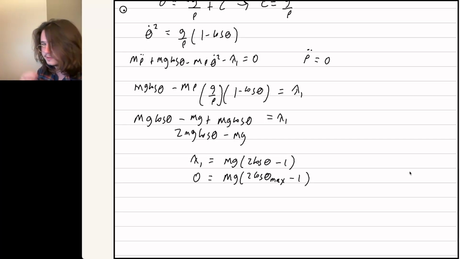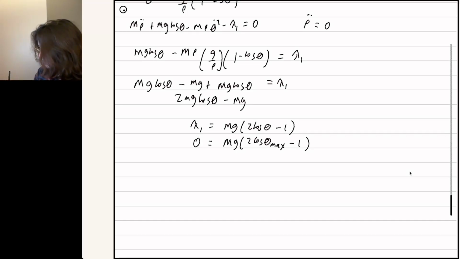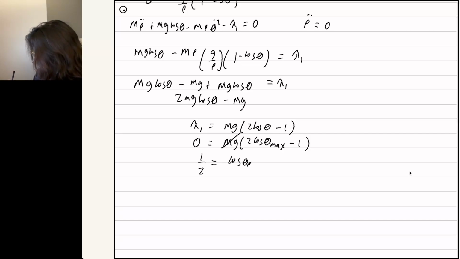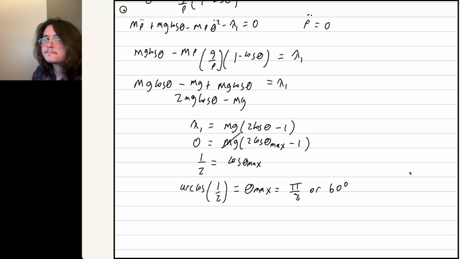So theta max is going to be the angle where it falls off. Which means we can get rid of the mg. We just have 1/2 is equal to cosine theta max. So arc cosine of 1/2 equals theta max, and that's just pi thirds or 60 degrees. There you go.